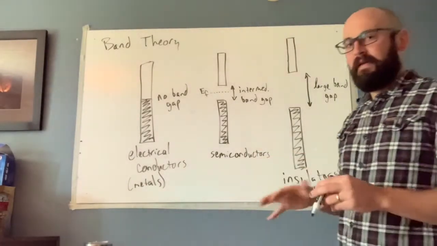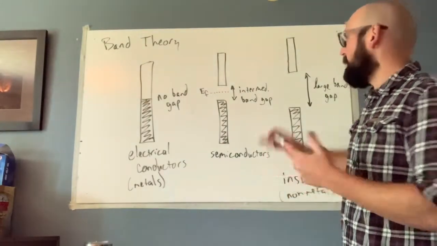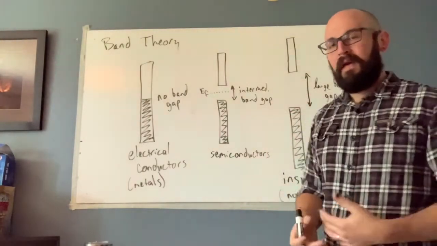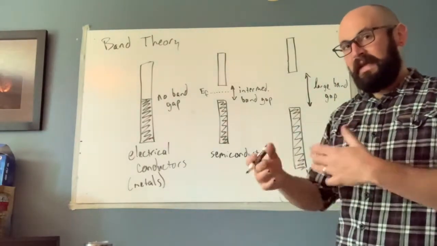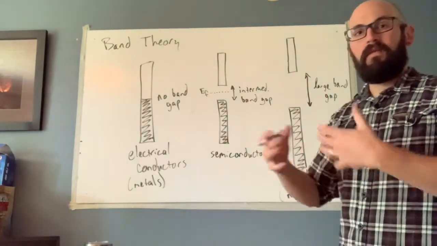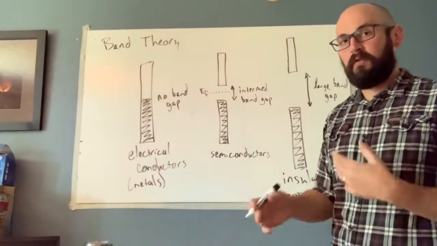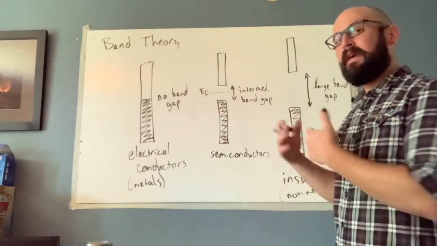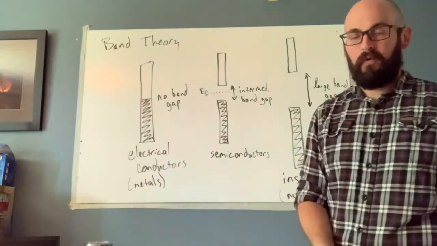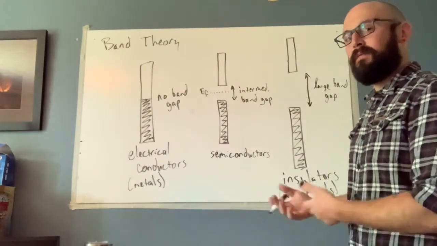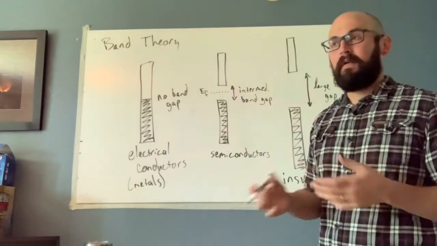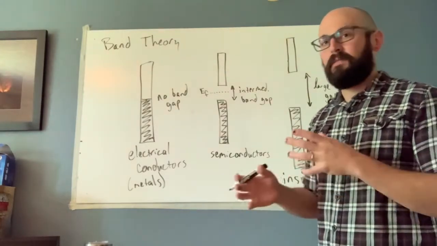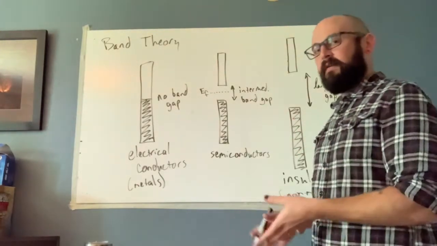In the intermediate system, we have an intermediate band gap, and these are going to be electrical insulators at low potentials or low voltages, and will be conductors at high voltages. So these are known as semiconductors because they have that tunability to convert between insulator and conductor.